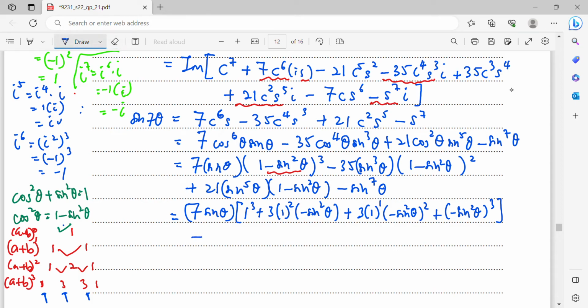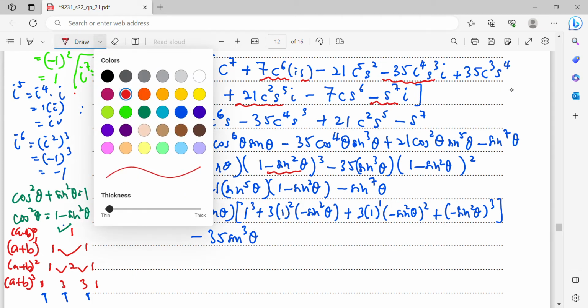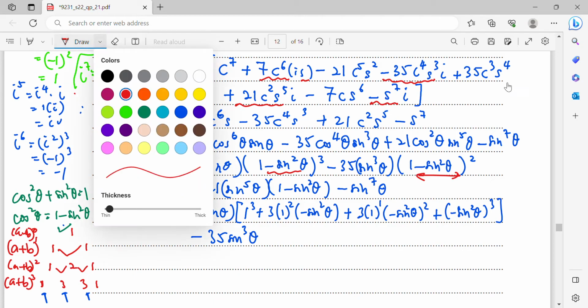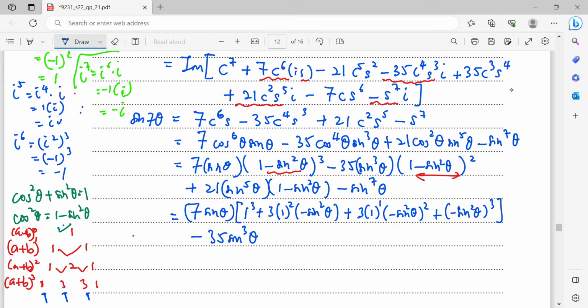Then minus 35 sine^3 theta. And the next one is square this. Alright, so this is the quadratic expansion. So quadratic expansion means that you will be getting 1 minus 2 sine squared theta plus sine^4 theta. And then lastly, the next term, plus 21.